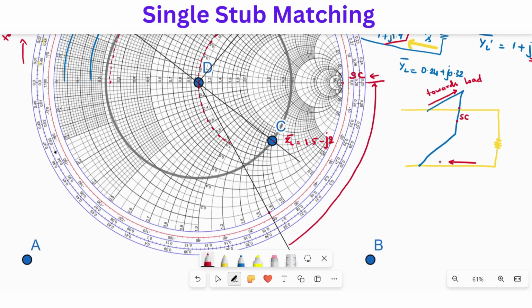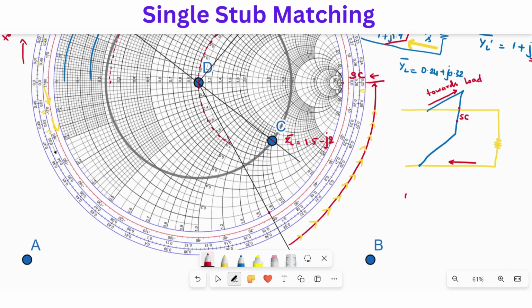So we have to find out the length of the stub that provides minus J 1.7, which is this length. How do we find the length? We can take the reading that is increasing on this side, anti-clockwise. So here it is 0.01, 0.02 and it goes on, and this value is 0.25 lambda.